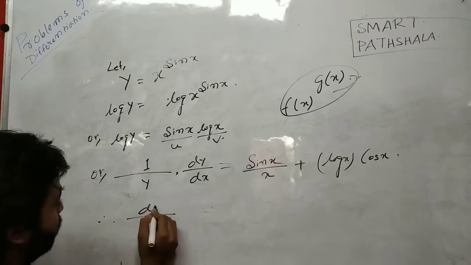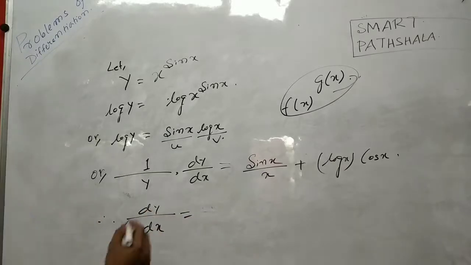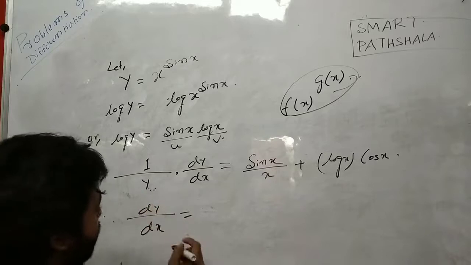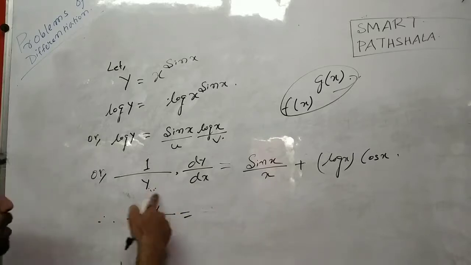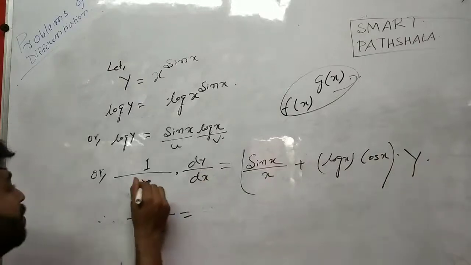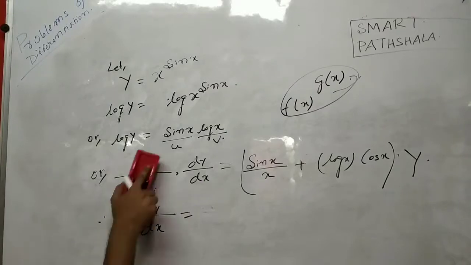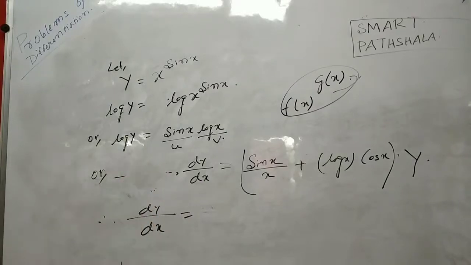Now again, from here dy dx, see this y is in the denominator, so obviously after cross multiplication this y will be going to the other side, right?